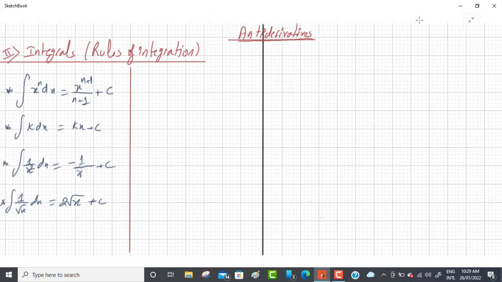Also yesterday we started the integrals, rules of integration, how to find the antiderivative of a certain function. Of course, we said that the antiderivative is symbolized by the integral. The symbol that represents the antiderivative is the integral, which is like a long s, a tall s.